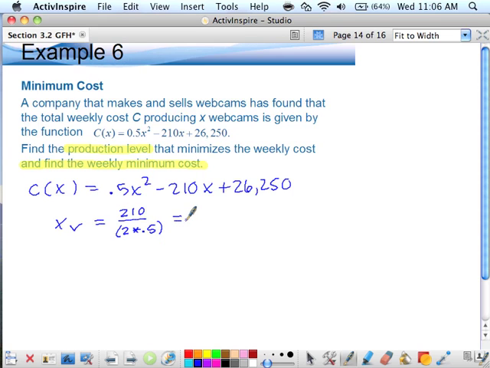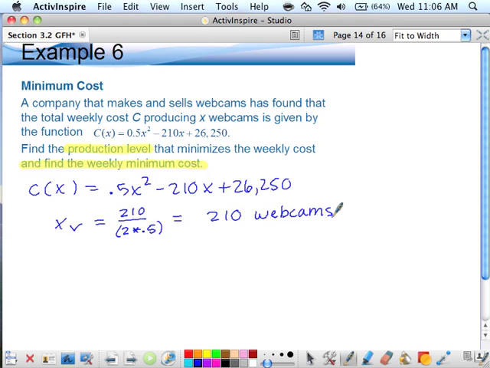which in this case simply turns out to be 210. 210 what? It's a word problem. Give me some units. What do the x's stand for? Webcams. So 210 webcams. That's the x value of the vertex. Would you say that means production level?